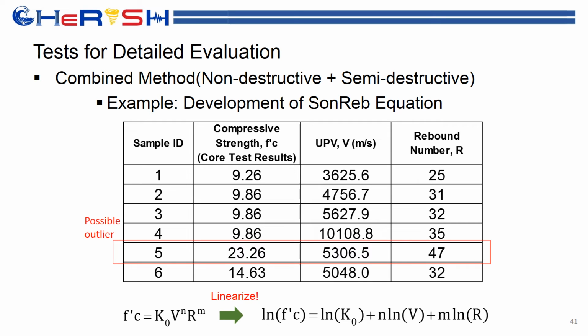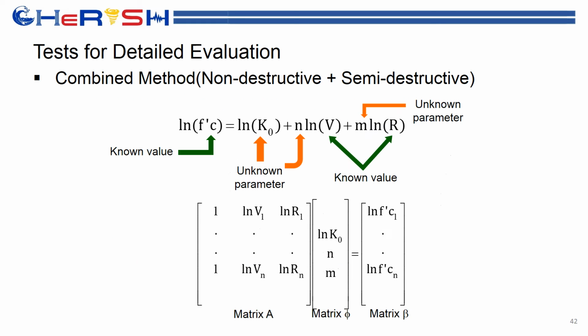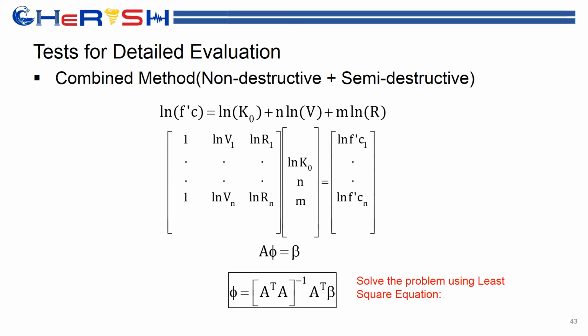What we do is collect this information and fit a model, for example, in a power relation format. We linearize that, and from there we determine the parameters involved by using the least square method.